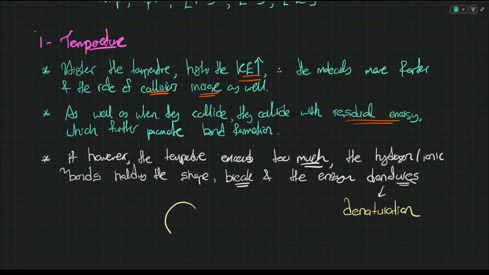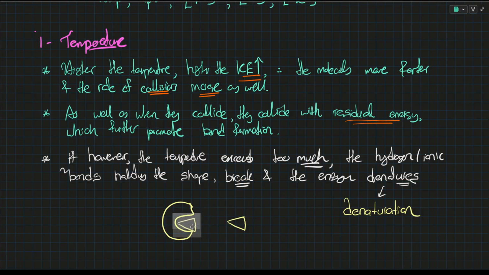Very simply put, if I have an enzyme that looks like this, and this is the substrate, that can perfectly fit into that particular enzyme's mouth, the active site, and catalyze the reaction. The moment an enzyme denatures, this is what is going to happen. The active site of the enzyme will change. Now it's denatured. It doesn't retain its shape like it used to. So it's not a complementary fit.